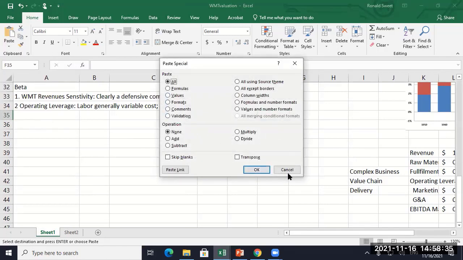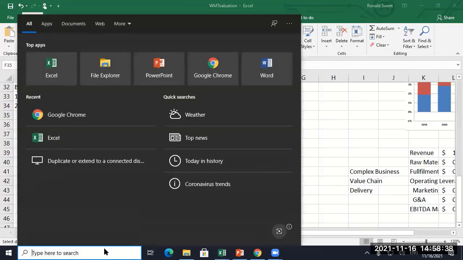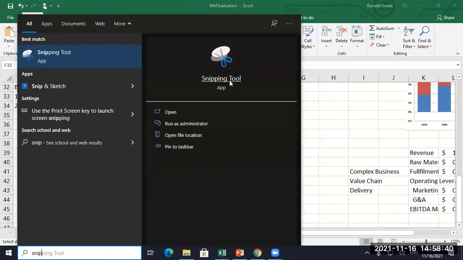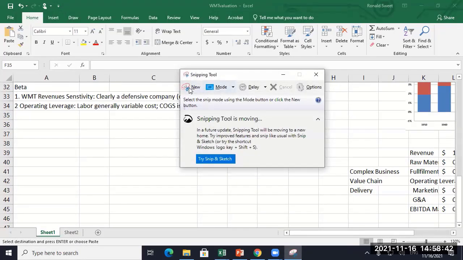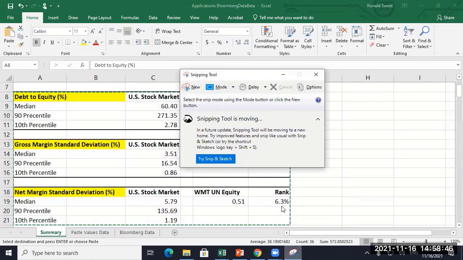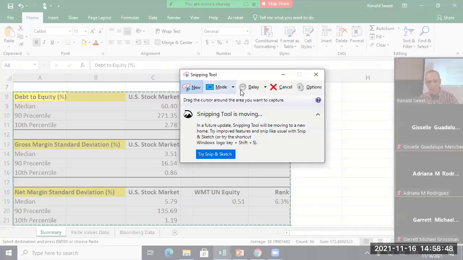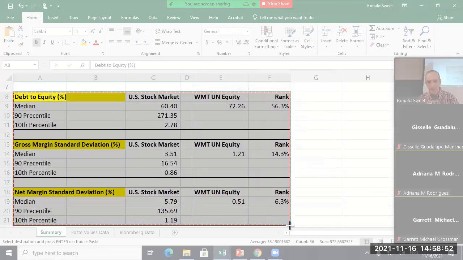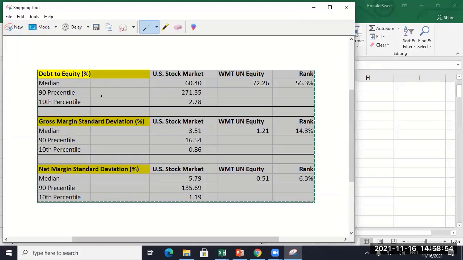Yeah, it won't let me. Vaughn showed me how to do the snipping tool, but I can't remember what the function was. He said there's a button you can push that just brings it up automatically, and I just forgot how to do that. So, all right.